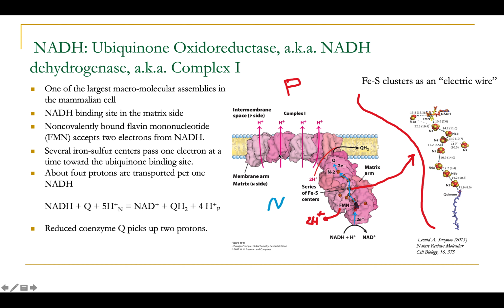So initially the complex 1 accepts one NADH, one oxidized form of ubiquinone, and in total 5 protons from the negative side of the membrane, and ends up releasing the oxidized form NAD+, the reduced form ubiquinone, and 4 protons which are released on the positive side of the mitochondrial membrane.